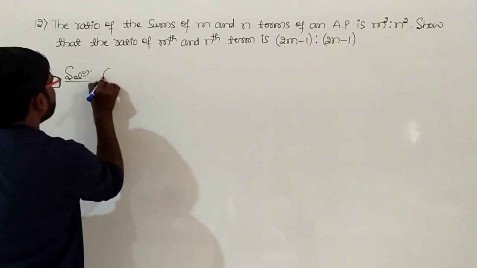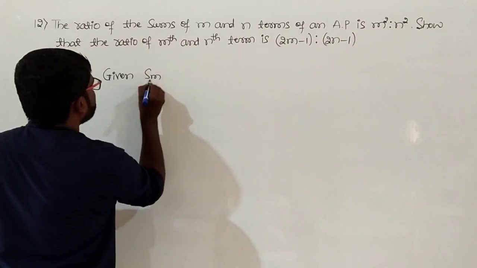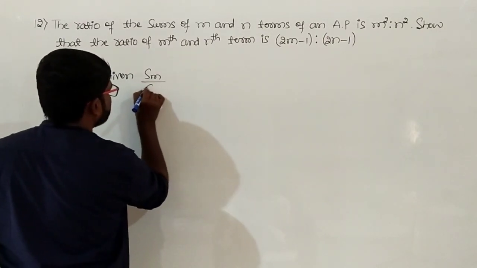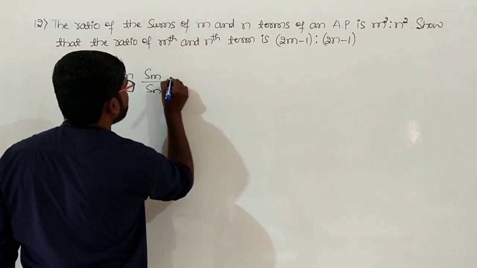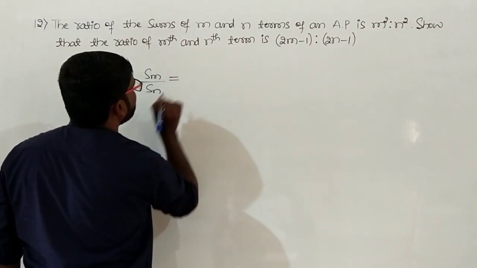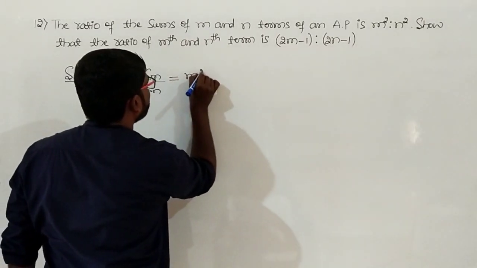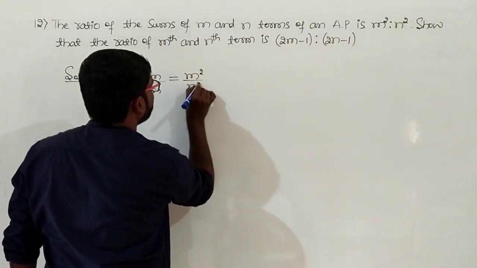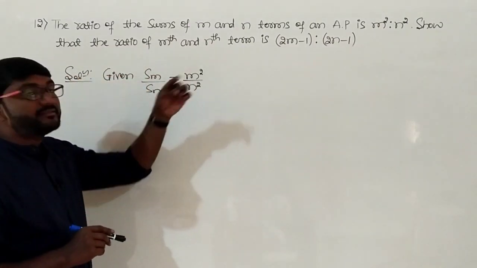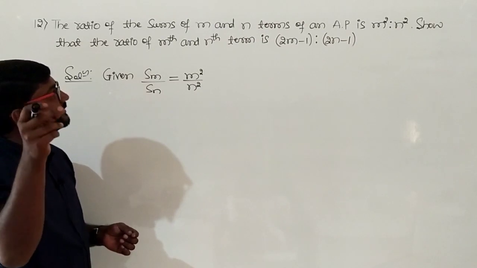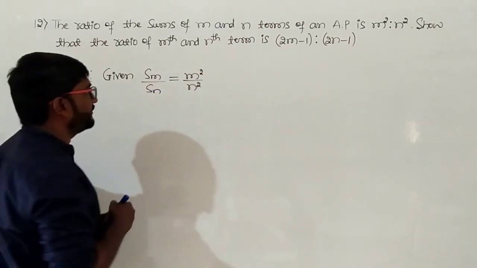So here they have given Sm is to Sn, the ratio of sum of first m terms and the sum of first n terms, is going to be m square by n square, and we will have to show that the ratio of mth and nth term, that means am divided by an equal to 2m minus 1 divided by 2n minus 1, that we will have to show.